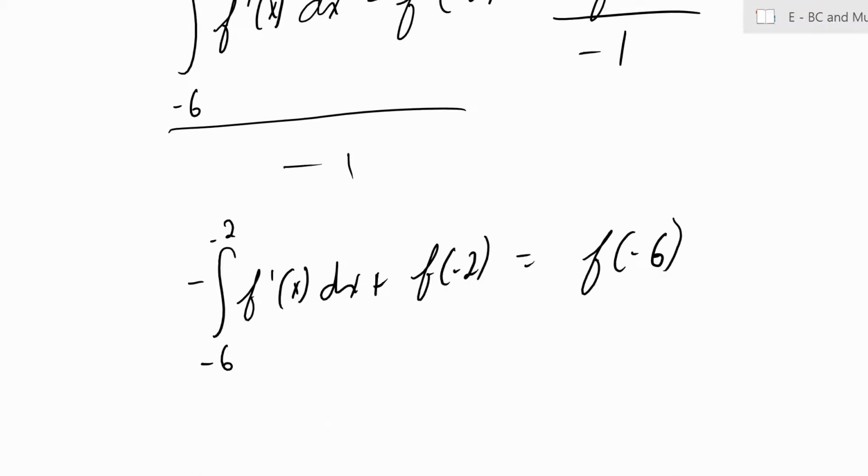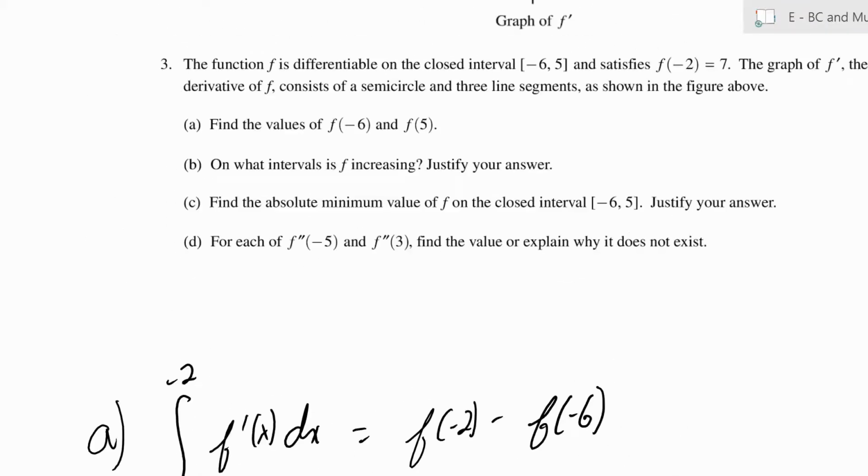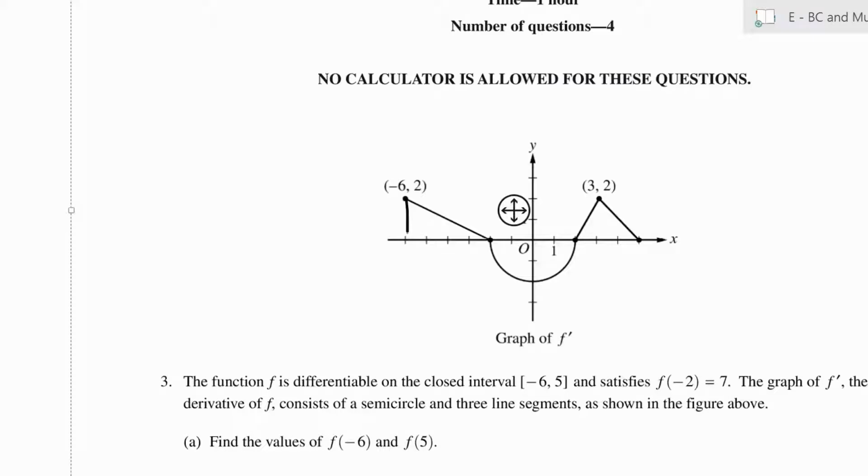And the integral from negative 6 to negative 2 is basically this triangle right here, where it's 1, 2, 3, 4, base of 4, and a height of 2.